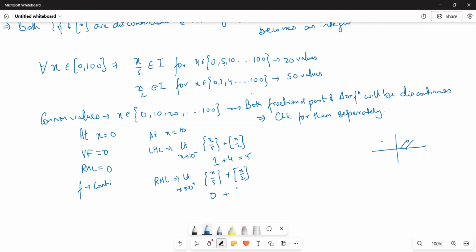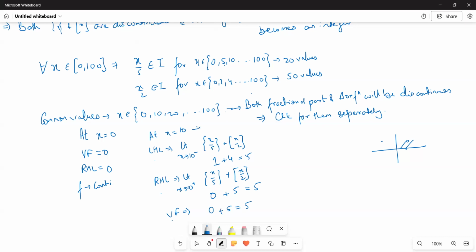And ये होगा slightly greater than 5 का box आ जाएगा 5. So the right hand limit is 5 as well. Okay, value of the function: the fractional part at x equal to 10, 10 by 5 is an integer, fractional part of an integer is 0, plus 5 is 5. So the left hand limit is 5, right hand limit is 5, value of the function is also 5.